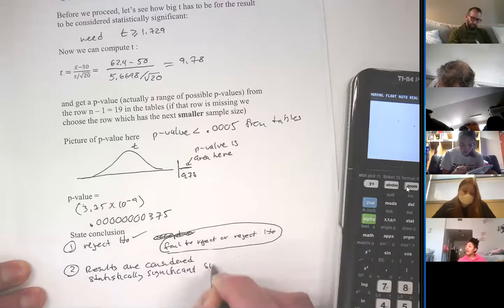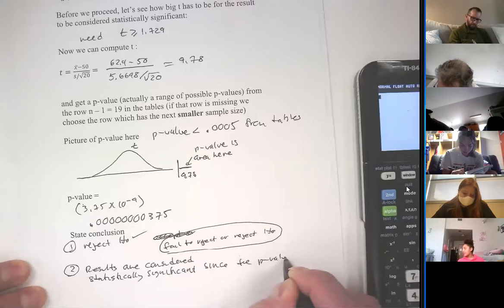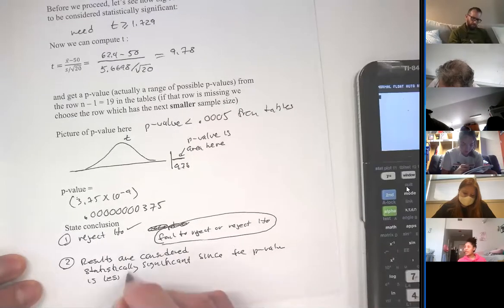Since the p-value is less than 0.05, we reject H0 for sure.